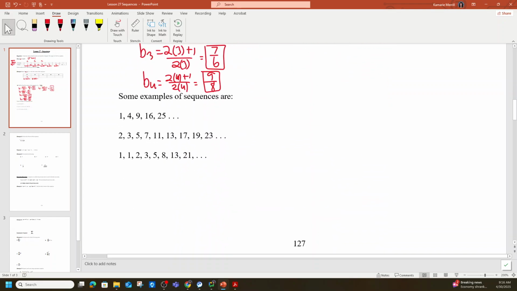Some examples of sequences are right here, and I don't want to take the time to go through and come up with the rules because we have so much to accomplish. But as you get good at your number sense, you can start recognizing what's happening. Do you recognize what's happening on this one? The second one. I always start by adding and subtracting, then I go to multiply and divide, and then I go from there.